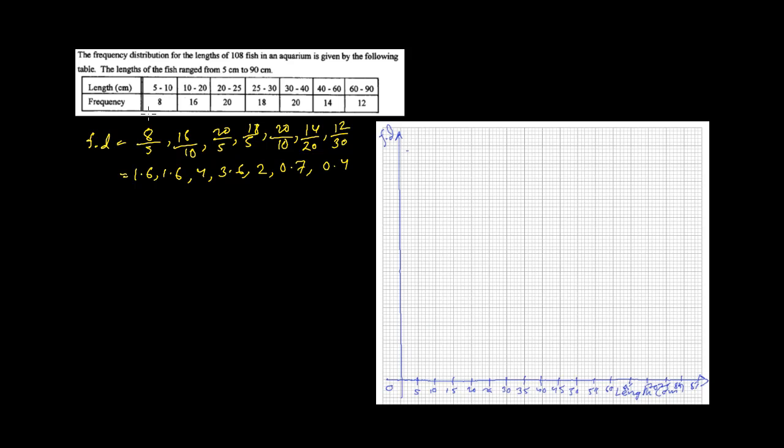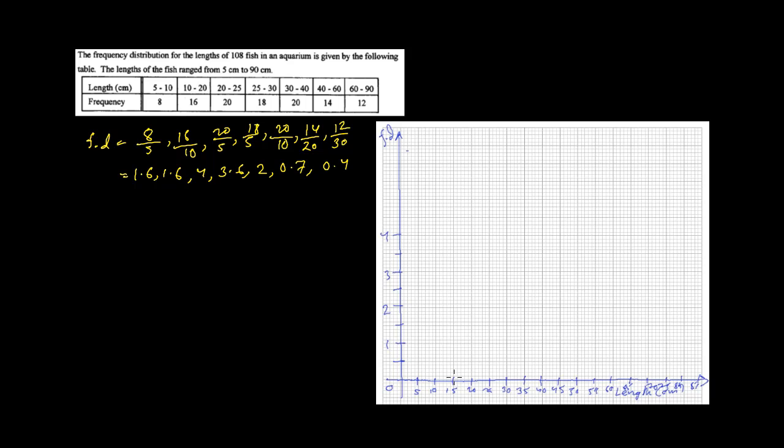So the heights are 1.6, 1.6, up to 3.6. If you use 0.5 per unit, it's going to be 0.5, 1, 2, 3, 4. The first one is from 5 to 10. Here we don't have to do the 0.5 continuity correction.